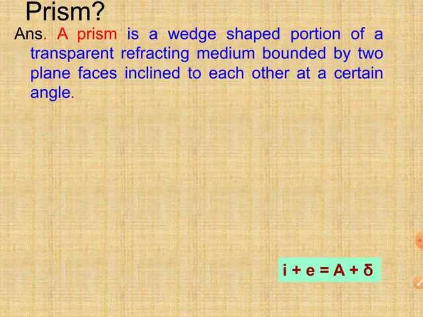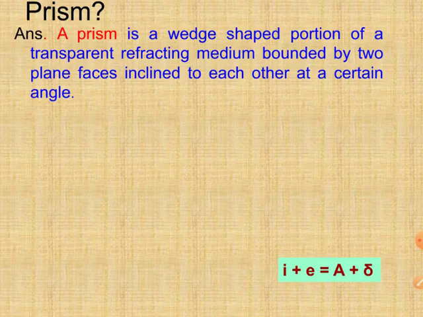So you can define a prism in a very simple way: this is a transparent medium. Any transparent medium, it may be glass, it may be water, whatsoever. If it is transparent, then you can take it. So it is a transparent medium bounded by two plane refracting faces inclined at an angle known as angle of prism. That transparent medium, we call it a prism.